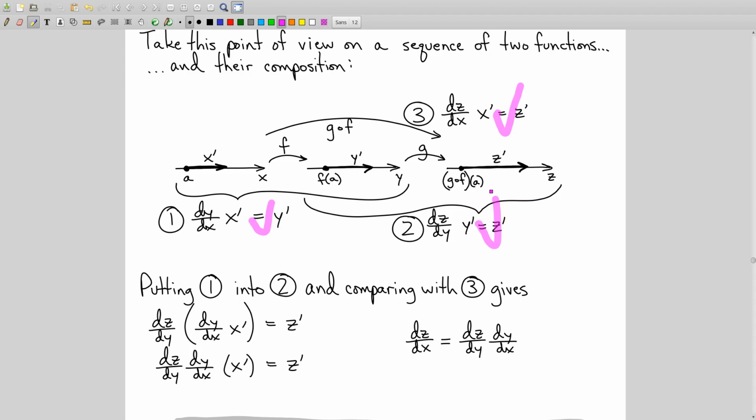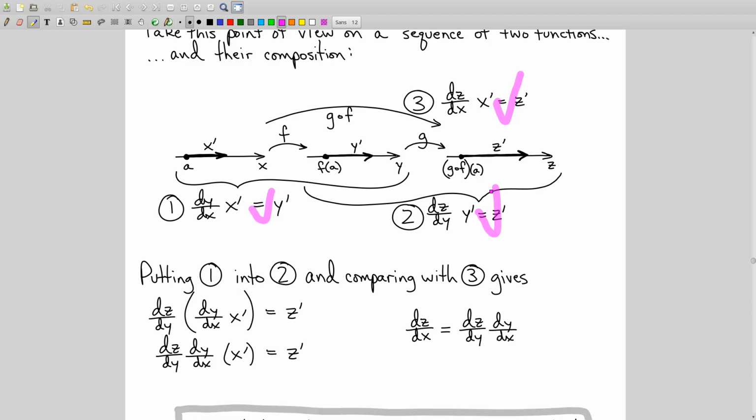The way I'd prefer to think of this is that if you are keeping track of how fast these variables are changing, the action of applying the function f multiplies this velocity to get that velocity, specifically by multiplying by a factor. That's what derivatives are. They're multiplicative factors. You can see right here, dy/dx is the thing that you multiply by x prime to get y prime.